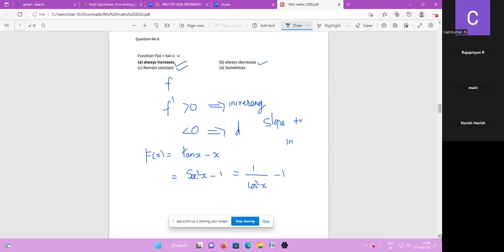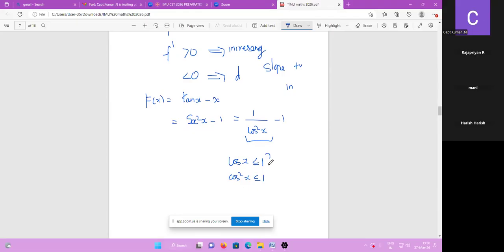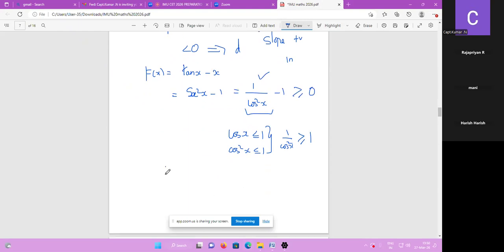We know that cos x is always less than or equal to 1, which implies cos square x is also always less than 1. So 1 by cos square x is always greater than 1. So greater than 1 minus 1, it is always positive. This means f will be an increasing function.